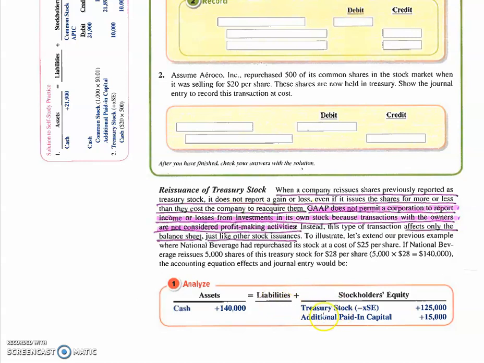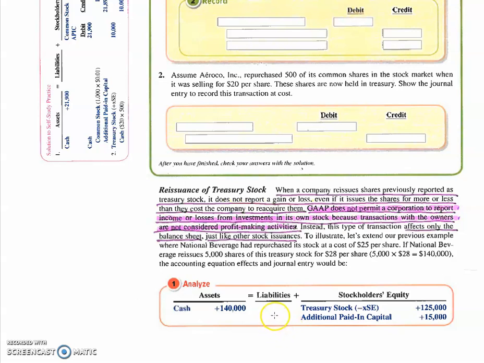And then any difference goes to additional paid-in capital, not to a gain or loss account. The reason is we cannot recognize profit or loss on transactions with our owners.